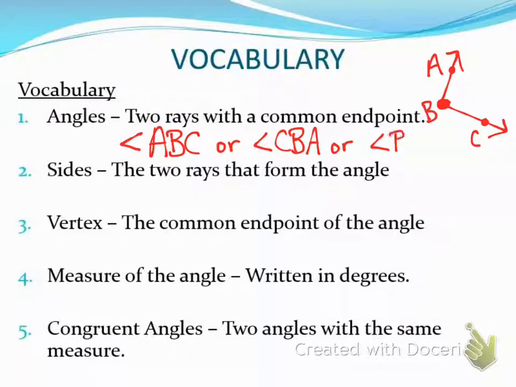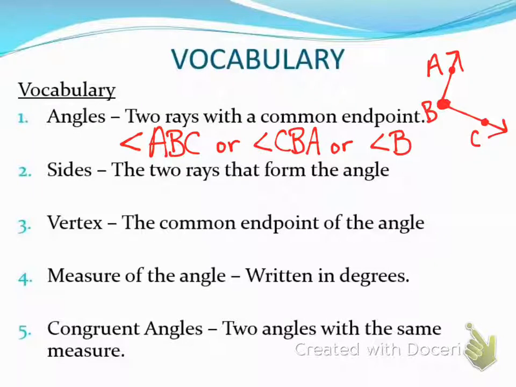We can call it angle B, but I would be careful about using this because you can no longer use that method when we split that angle. So like if we were to put in another ray somewhere else in there, you could no longer call that angle B, because we've got too many angles going on. If you only have one angle, then it's fine.